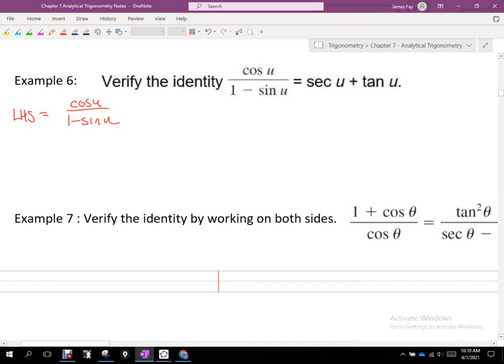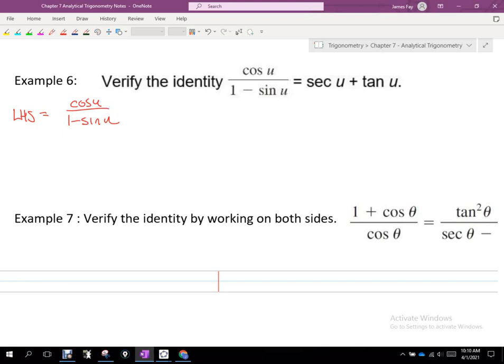Okay? Now, this is a new type of strategy that we can add to our toolbox. Yesterday, we talked about factoring, looking at GCFs, trying to get things to be sine squared, cosine squared, things like that. Now, we get to this, and we do not have any functions that can be rewritten in terms of cosine. Everything is already written in terms of cosine, correct?